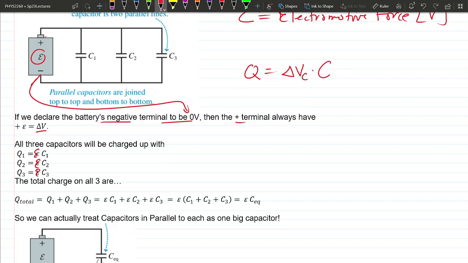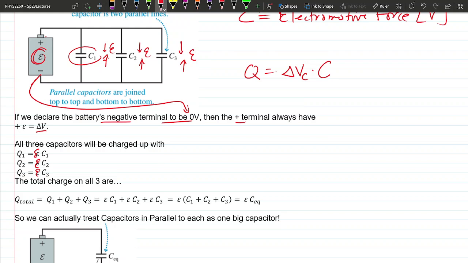After you hook up the battery for more than a microsecond, the change in potential across each capacitor is going to be the EMF of the battery. If it's 1.5 volts for the battery, there's going to be 1.5 volts here, 1.5 volts here, 1.5 volts here. Make sense? Because it's just connected directly through a wire.